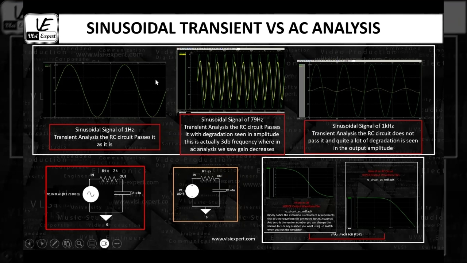If you see here, I have captured three sinusoidal waveforms. The first one is with 1 hertz, the second one with 79 hertz, and the third one is 1 kilohertz. The schematic for the transient analysis is the first one where I am using a sine signal. For AC analysis it is the second one where I am using magnitude AC equal to 1.